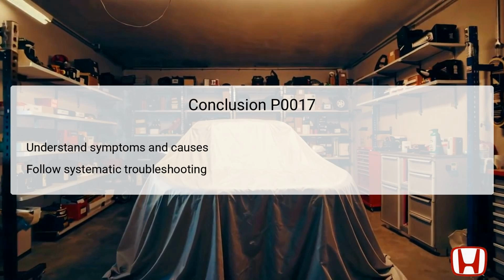Following a systematic troubleshooting approach will allow technicians to diagnose the problem accurately and efficiently. Moreover, implementing preventive maintenance practices can ultimately reduce the likelihood of DTC occurrences in the future. A combination of prompt attention to symptoms, thorough diagnostics, and regular maintenance will ensure a well-functioning engine and the longevity of the vehicle.